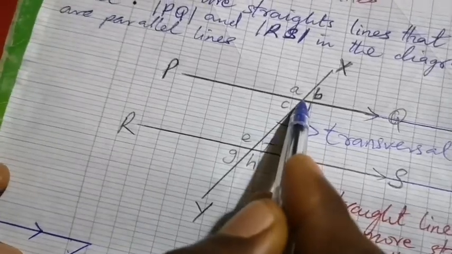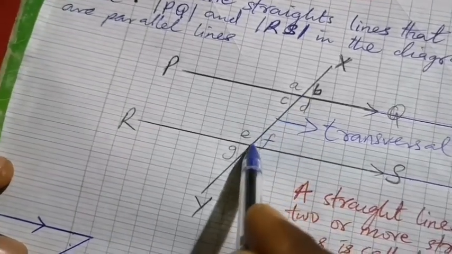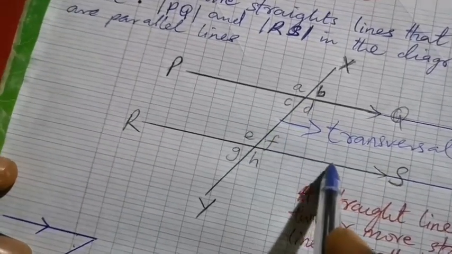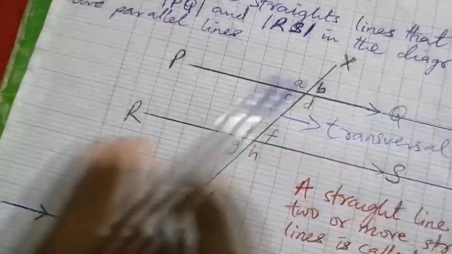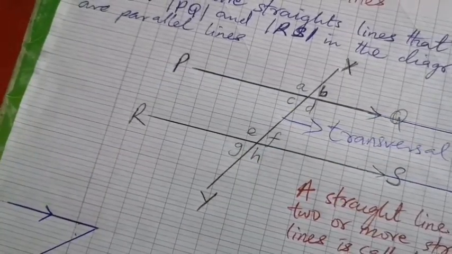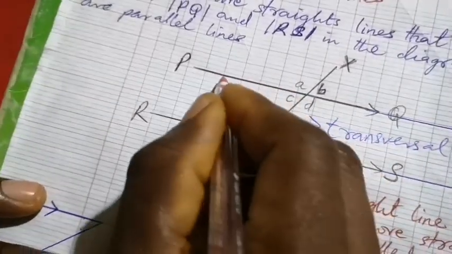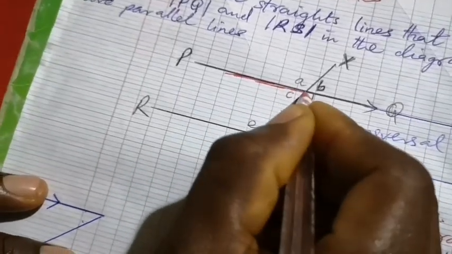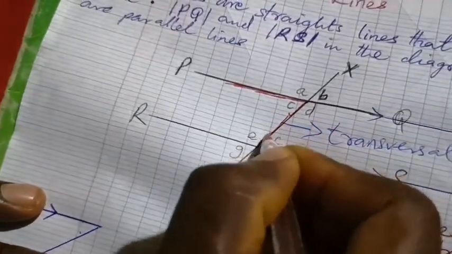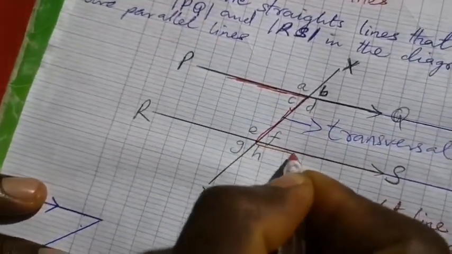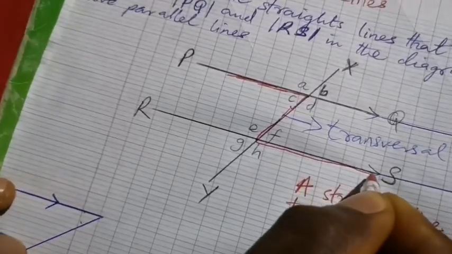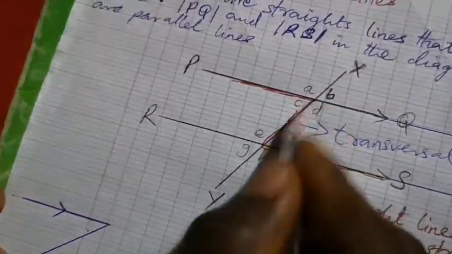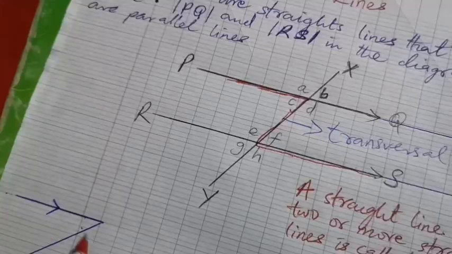On getting to this place, I will come down, then move this way. So look at where I am going to trace now. Let me use this red pen. So this place like this, then come down, then go this way. So from here, this shape is like Z, which is what I have here.